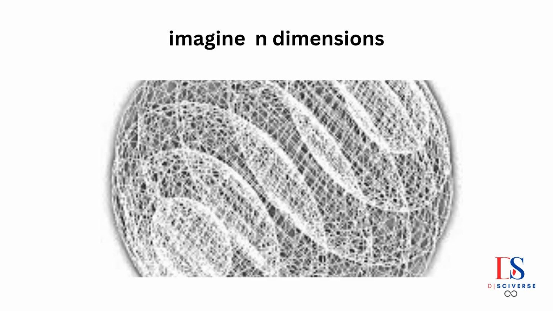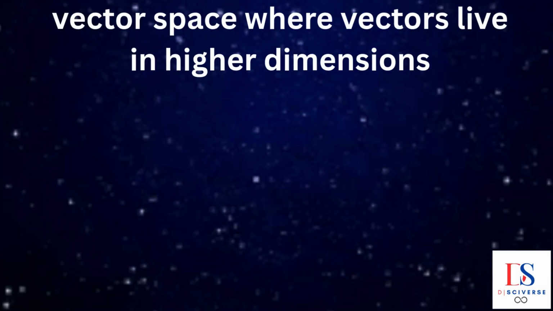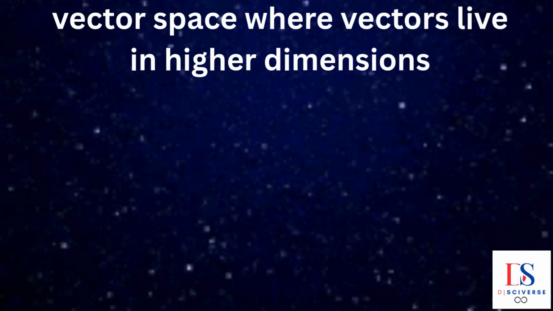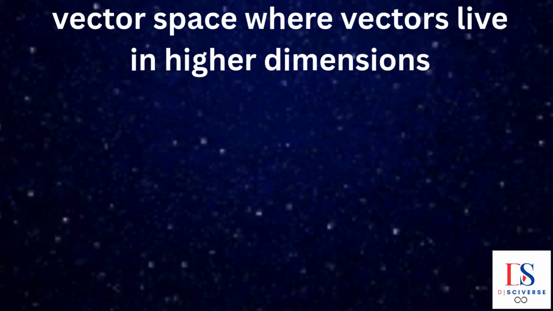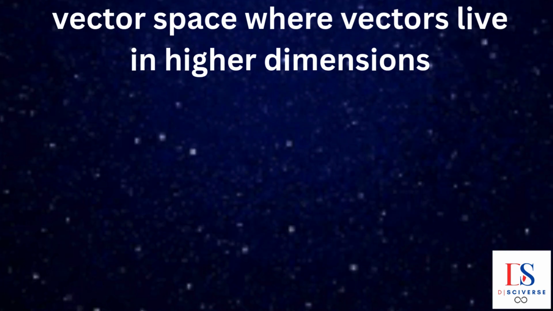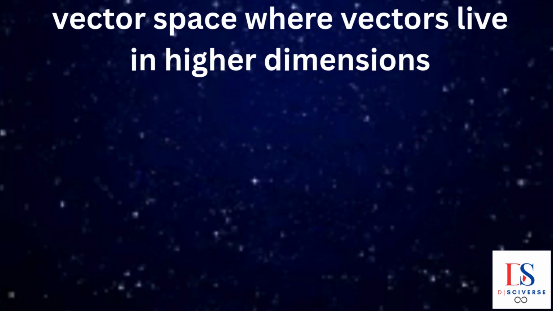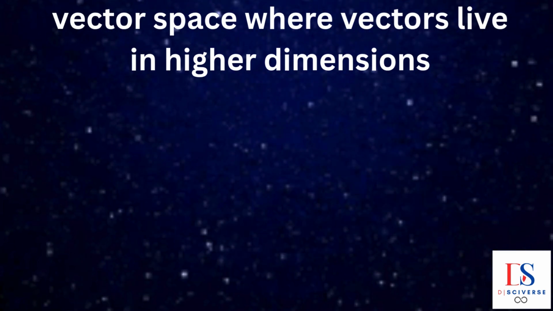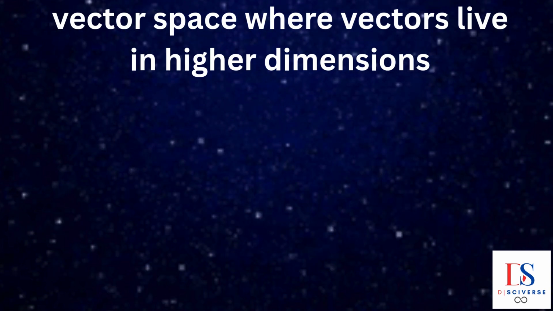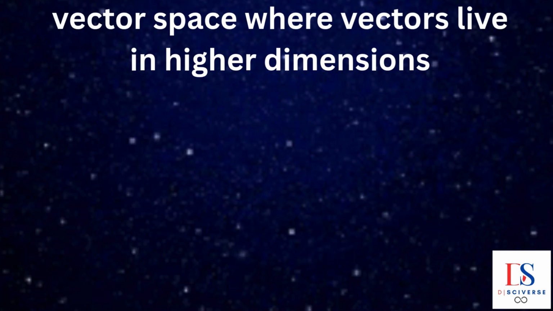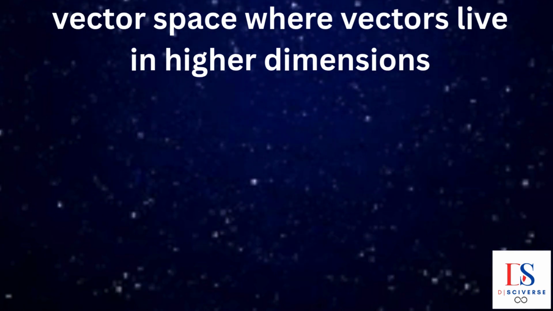This space is empty at first. It doesn't have any vectors or any data in it. But as data arrives, it starts to fill with vectors. And every vector we add has to follow some very strict rules. You cannot just add any vectors randomly. These rules are called closure properties, and they are what give vector spaces their power.